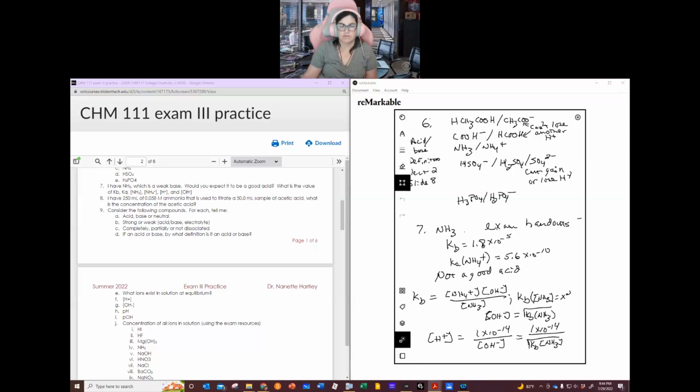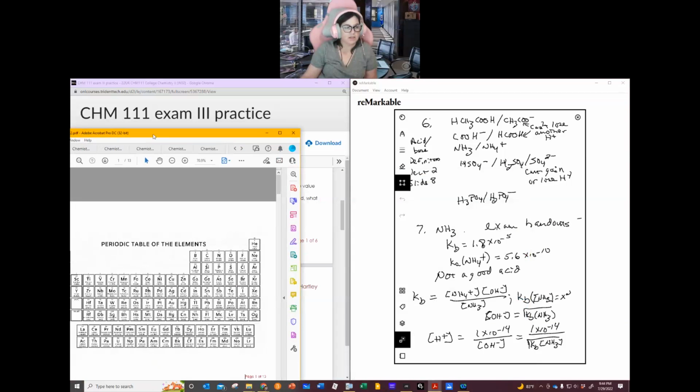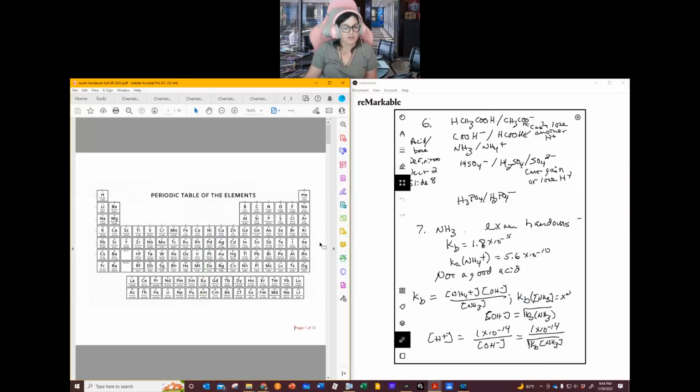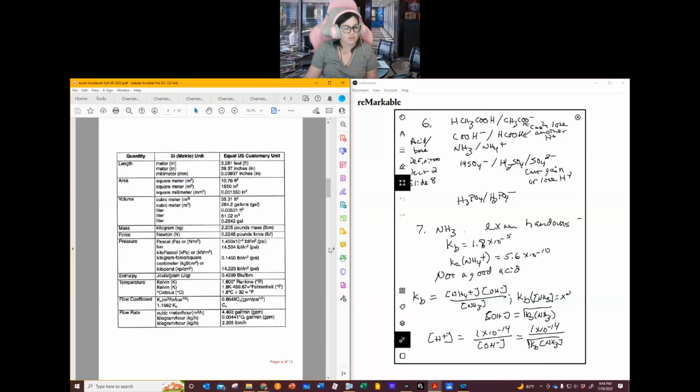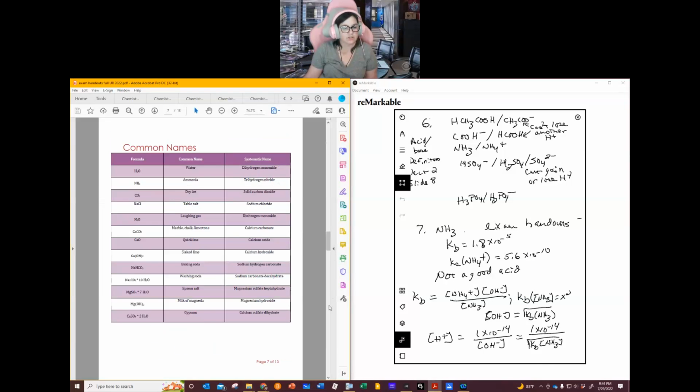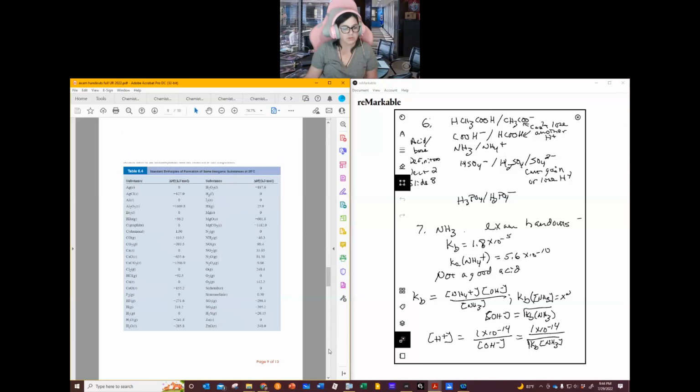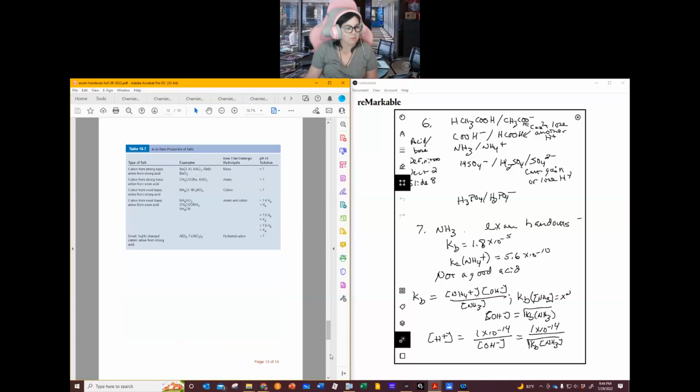Okay. So I can find my exam handouts. Yay, exam handouts. And I can scroll down to my weak bases, which are all the way at the end.